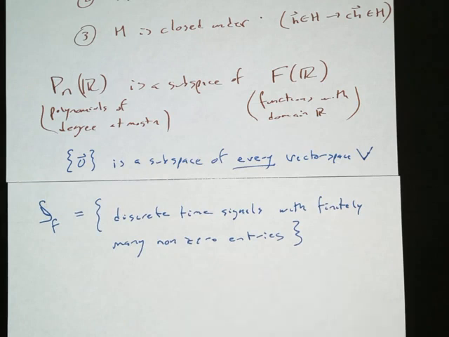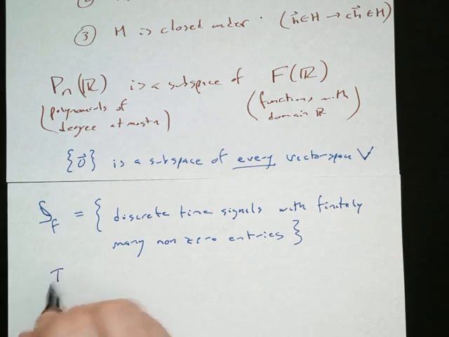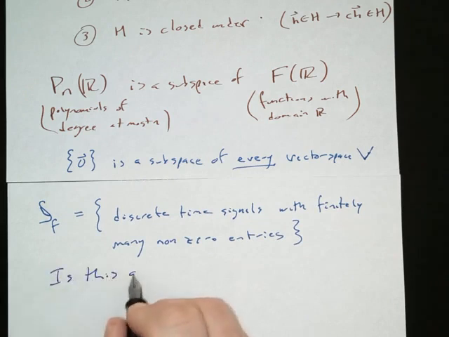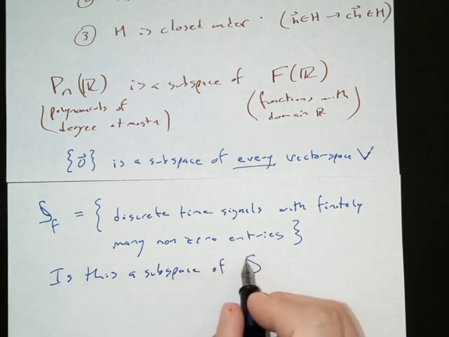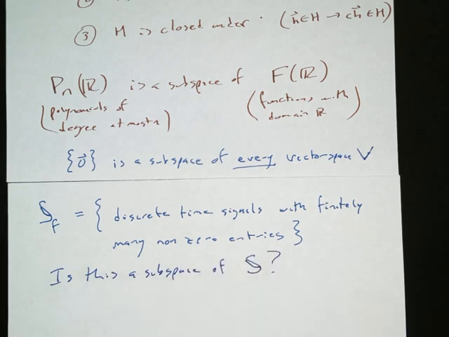Is this a subspace of S? I am going to butcher that funky looking S over and over and over. I apologize in advance. The set S for the signals is just an atrocious letter in my handwriting.